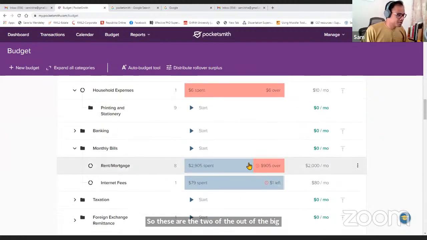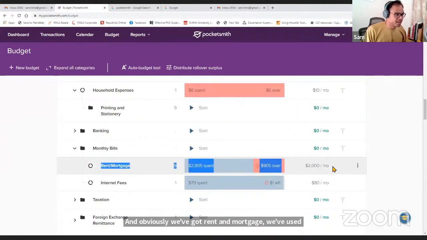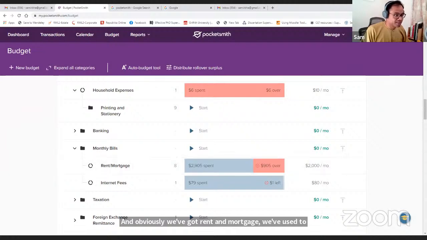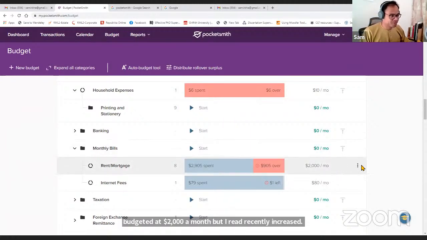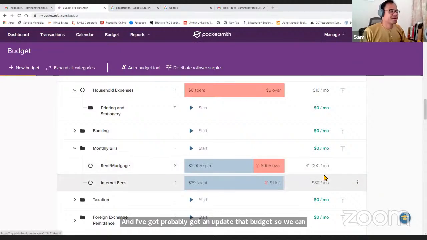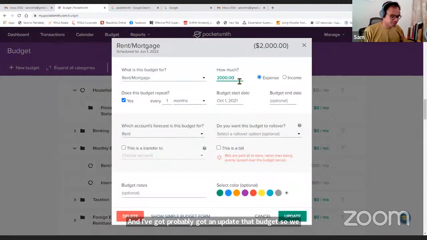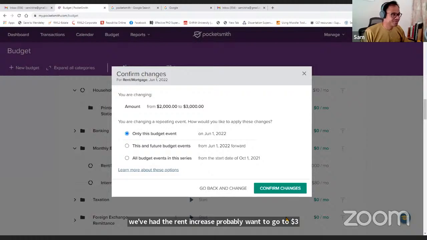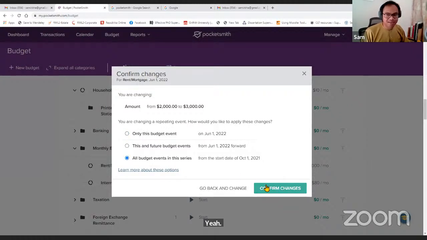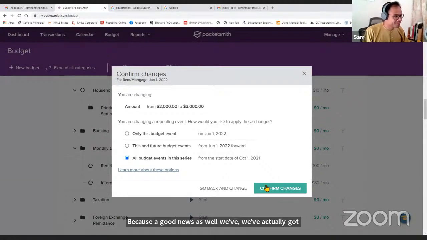And obviously we've got rent and mortgage. We used to budget it at $2,000 a month, but our rent's recently increased, and I've probably got to update that budget. So we can click in there, you can edit that budget. Okay, so probably $2,000 a month is a bit too little. Now that we've had the rent increase, we probably want to go to $3,000 a month. And man, I can't wait to stop paying rent. And yeah, good news as well, we've actually got a place lined up.